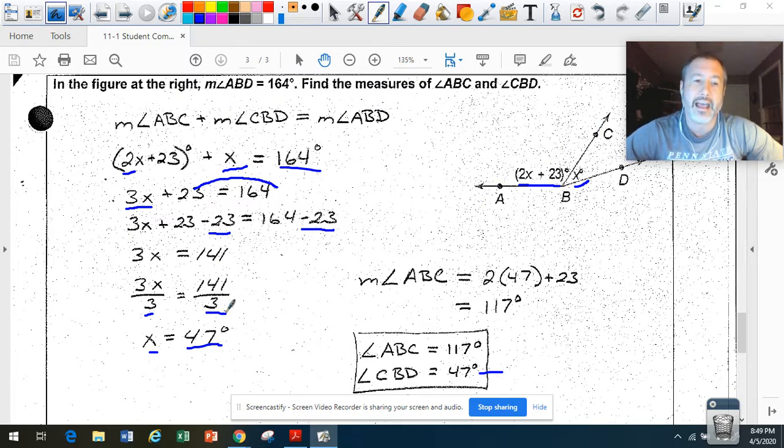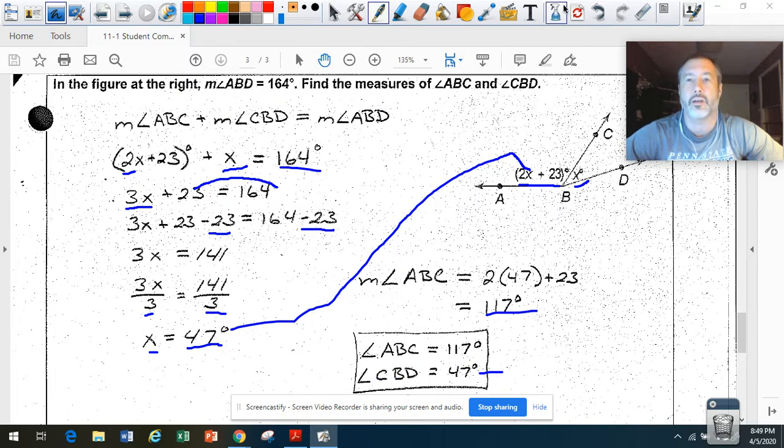In order to do that, we plug 47 degrees into the x. So 2 times 47 plus 23 equals 117 degrees. That's how we get the measure of angle ABC is 117 degrees. The measure of angle CBD is 47 degrees.